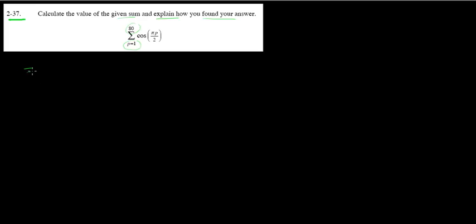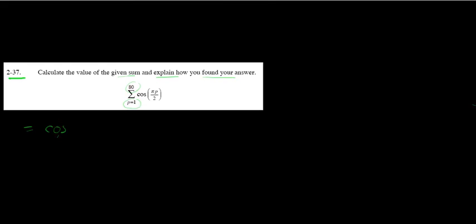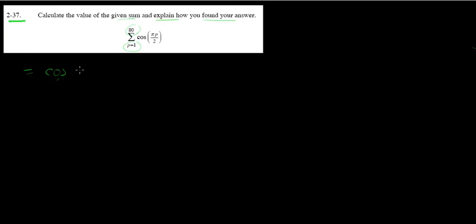So let's start by looking at the first few terms, cosine... If we plug in 1 there, we get just pi over 2, so we have 1 pi over 2. We add it to the next term, which is going to be cosine.